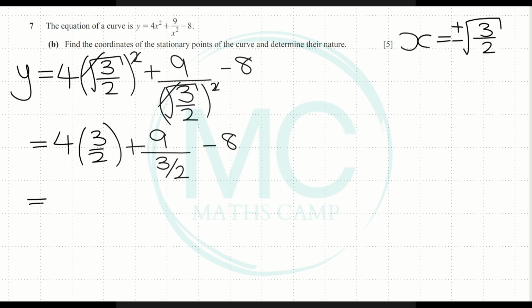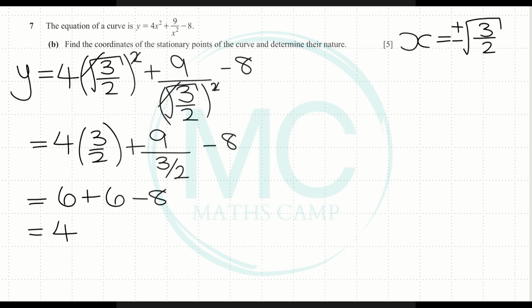4 times 3 is 12, over 2 gives us 6, plus 9 divided by 3 is 3, multiplied by 2 gives us 6, minus 8. 6 plus 6 is 12, minus 8 gives us 4.